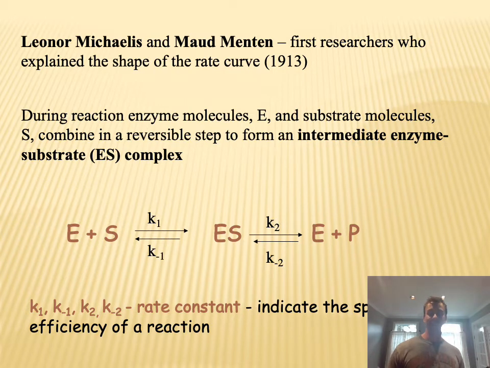And then catalysis occurs and you have release of the free enzyme and release of the product. So these are rate constants that indicate the speed of this reaction. But essentially you're going enzyme plus substrate to form the enzyme substrate complex, and then you get the reaction and release of the free enzyme again and the product.